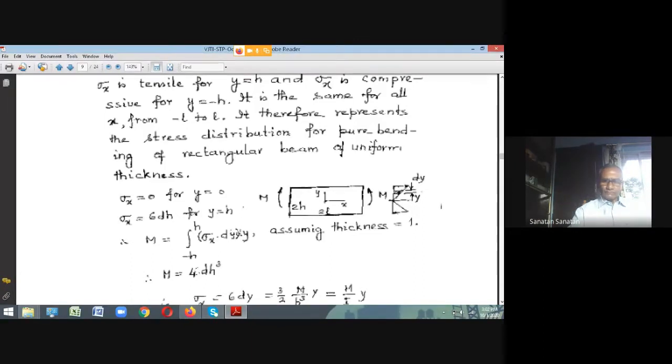Now, consider that sigma X at a height Y equal to H is 6dH.